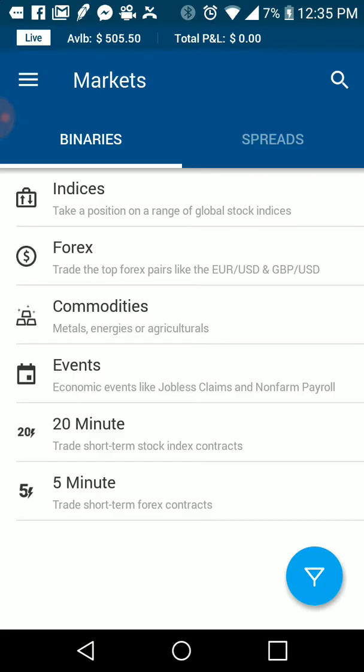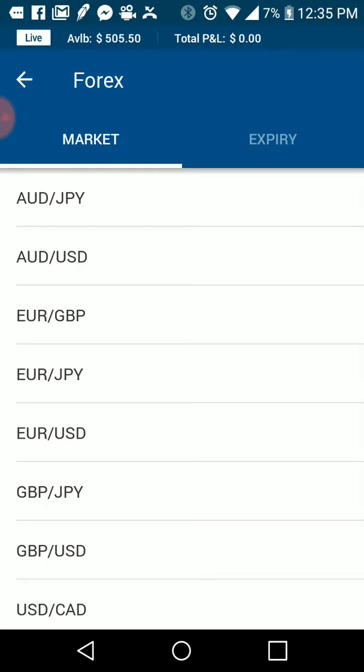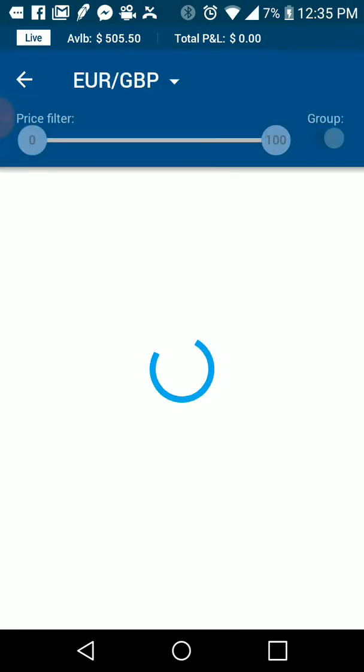And let us begin. First thing that we will do, Forex, and look for the euro pound. Now, to place one of these trades in the proper manner, you will need around 14 plus hours to find the pricing that you need. You can modify this system to cover any amount.